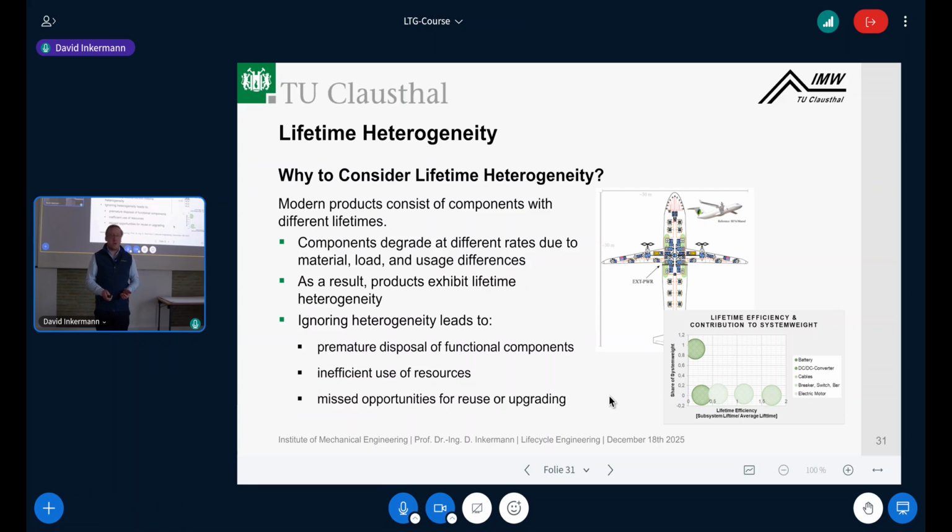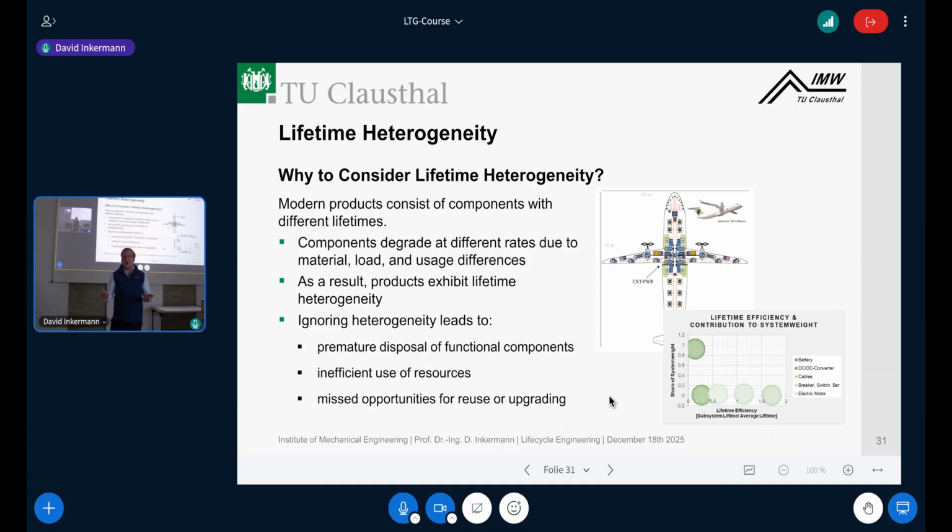Yeah, that is what you can see in this diagram on the left bottom. Every bubble is indicating one component, and for instance, we have batteries and we have electric motors, and they are different in lifetime. Yeah, and that is exactly what becomes very interesting to understand, because then we have to decide, okay, battery could be a candidate for replacement, for instance.